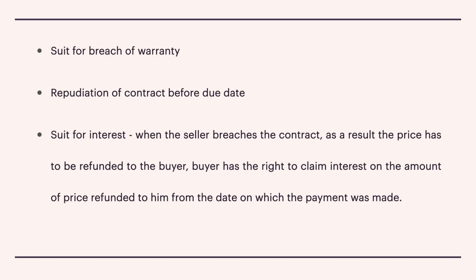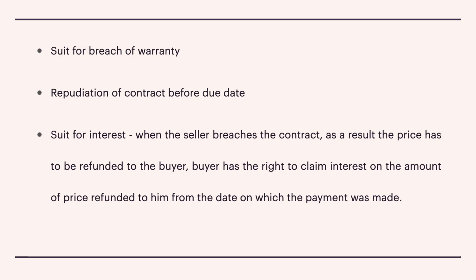Next, suit for breach of warranty. Now here we are looking at warranty. When we discussed conditions and warranty, we also discussed when a condition can be treated as a warranty. We discussed three different situations there. First, it was a breach of condition, but instead of returning the goods, he just asked you to pay him the damages.